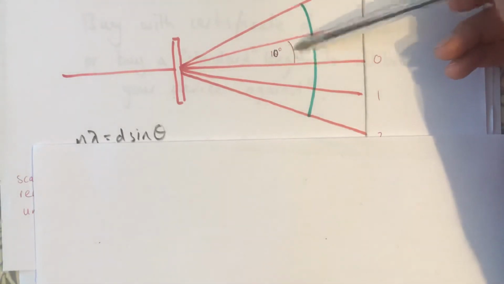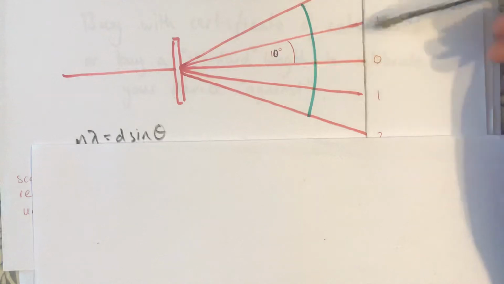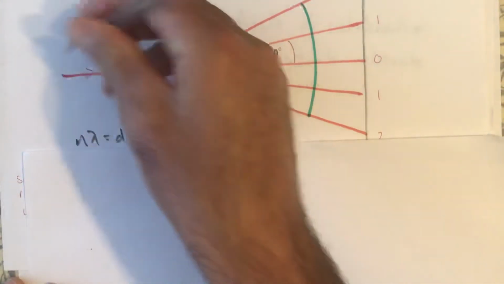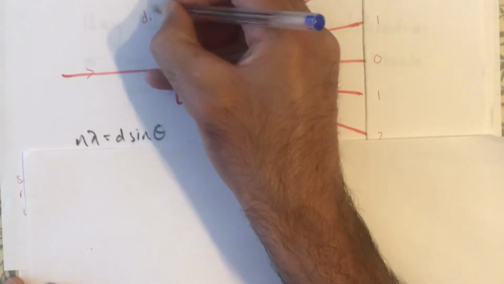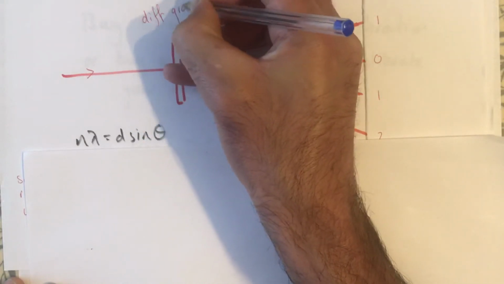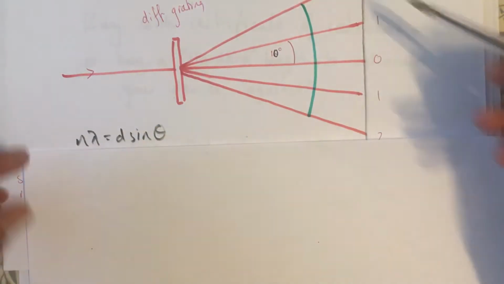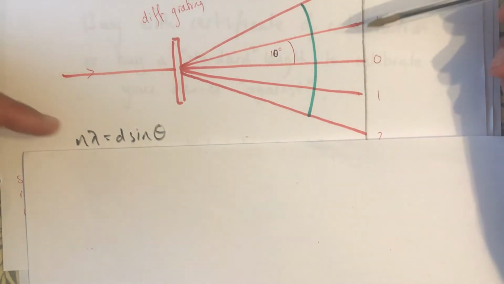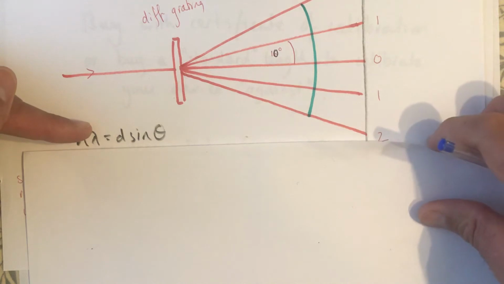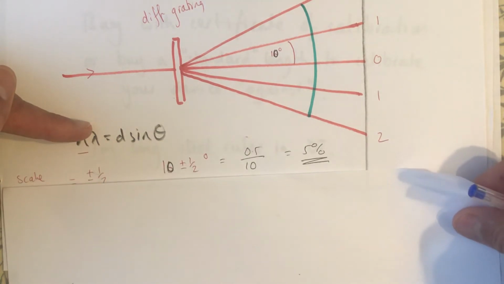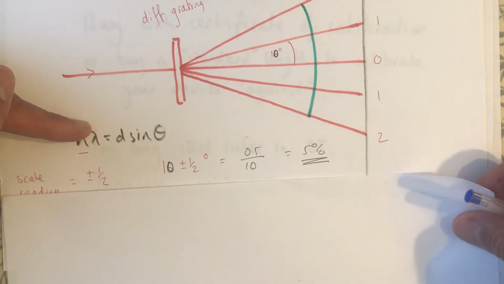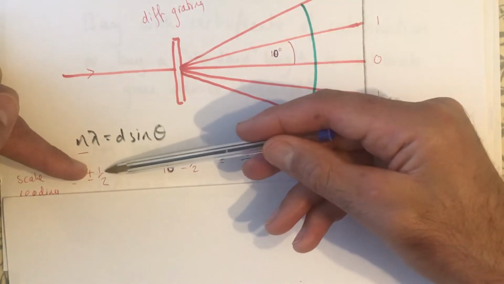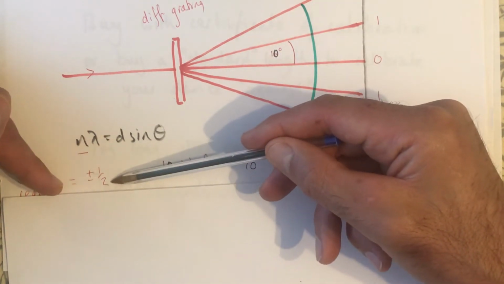If you just measure this angle, say 10 degrees, and say, okay, I know that this is the classic experiment where you have a laser, it shines light into a diffraction grating, and we've got our central maximum and our first normal. If you want to find out the wavelength, you put in the numbers for the first normal and say, okay, if you're using a protractor, your scale reading uncertainty, I would have thought, would be at least plus or minus half a degree.